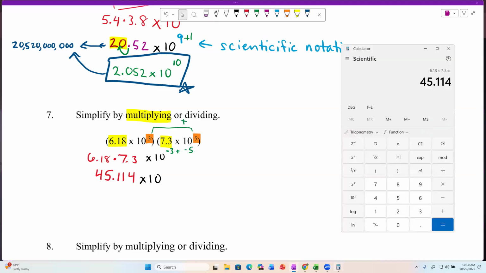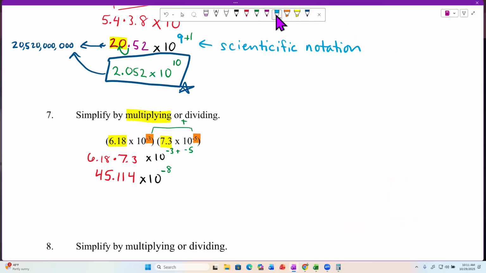And if you struggle with integer addition, it's okay. Calculators can do that. My keystrokes for this calculator are different than the calculators that you have access to in the classroom. You would actually type in the negative before the number. I can't do that. Okay, but -3 plus -5 is -8.